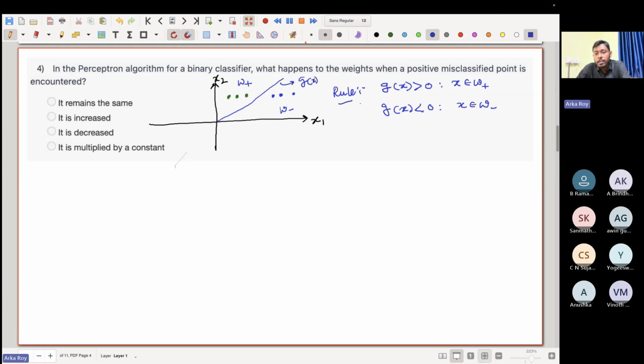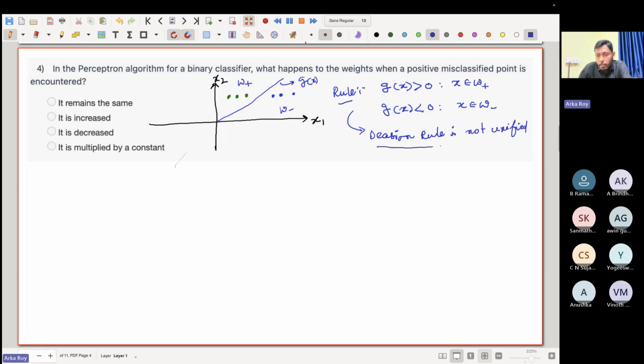But you can see that the decision rule is not a unified rule. There are two rules for two different classes. So over here the decision rule is not unified.